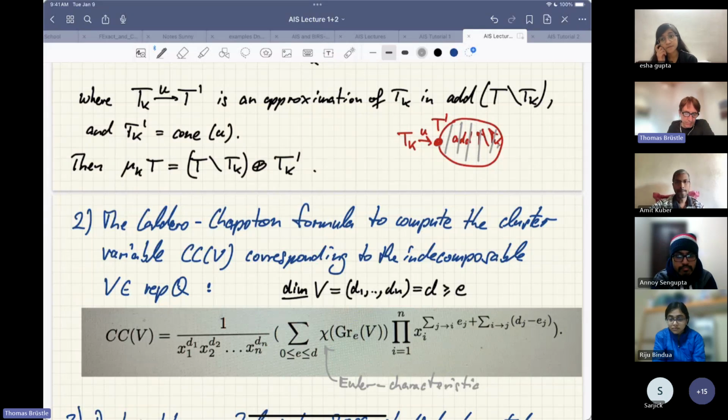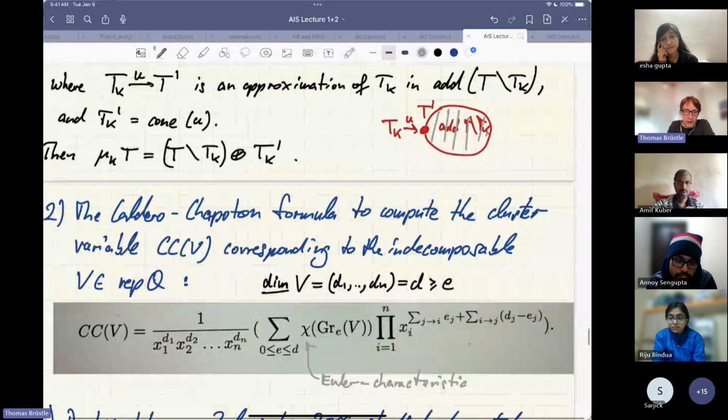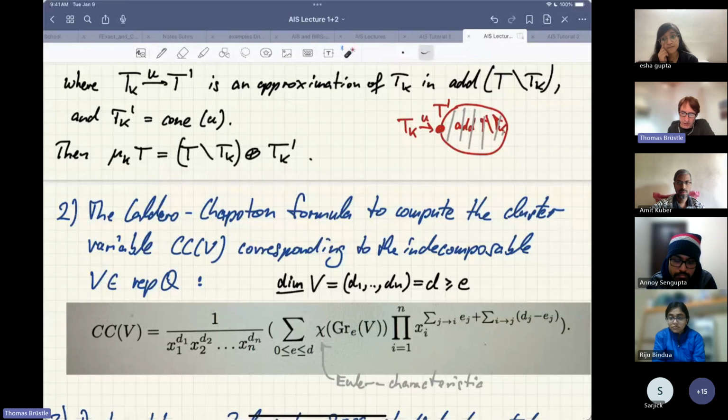And the exponents of my initial variables, there's a formula. We sum up over all arrows that end in i and multiply by this number E_i in the dimension vector, and we do the similar thing for arrows that start in i.